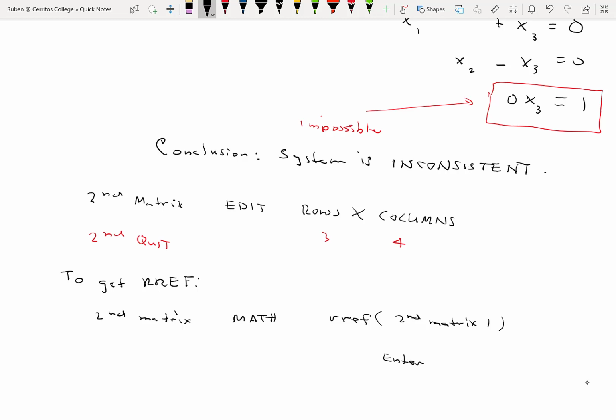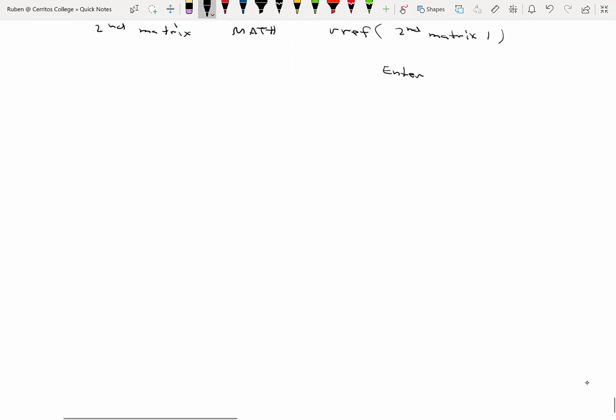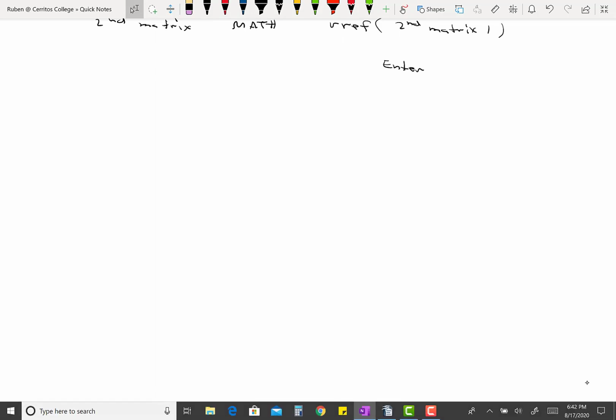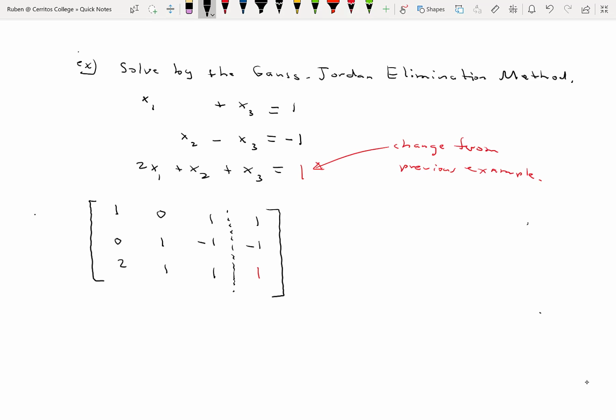Okay, so let's solve another problem. Maybe we'll use the calculator to do this problem. So let me write out our next example. And here it is. Solved by the Gauss-Jordan elimination method, and the only change from the previous example is highlighted in red there.